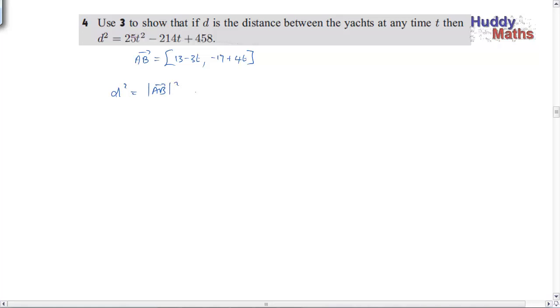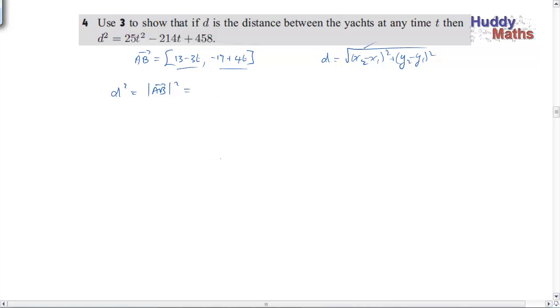D, the distance between the yachts, distance between the general point on yacht A's path and the general point on yacht B's path. So squaring it, remember the distance here, square root of x2 take x1 squared plus y2 take y1 squared. So all we have to do is, we don't want the square root, we're just going to square these.